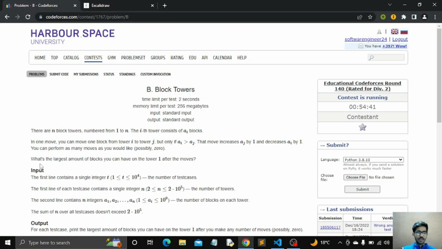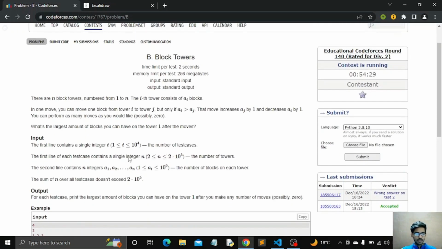Our goal is to find the largest number of blocks that we can have on the first tower, tower 1, after performing these moves. So this was the problem statement. In the input, we'll be given the number of test cases. In each test case, the first line gives the size of the array, which represents the number of towers.